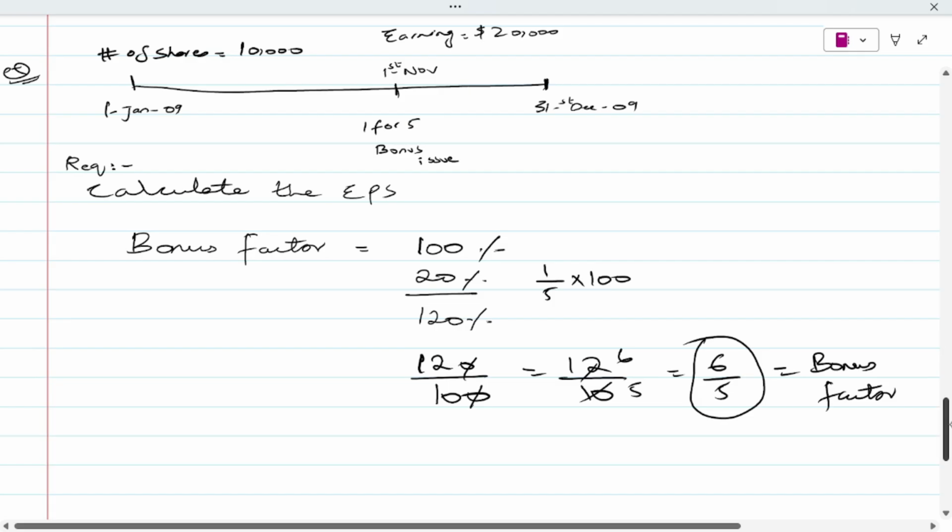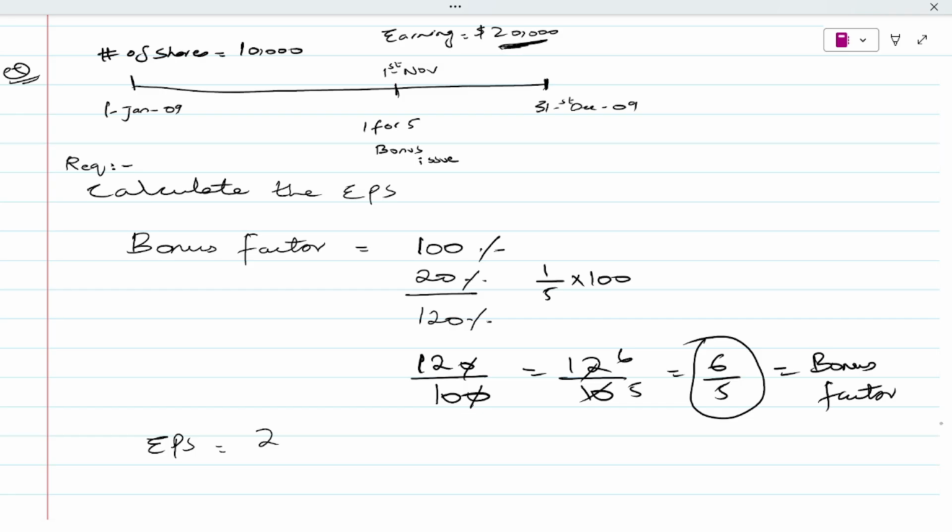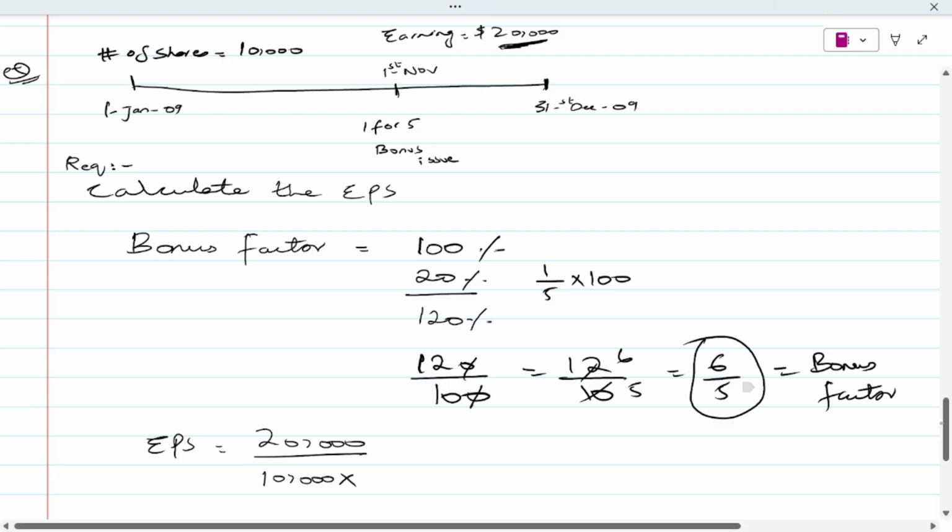So we have our bonus factor 6 over 5. Now what we are going to do is write that our EPS is equal to our earning, which is 20,000 for the entire year, divided by our number of shares. Now, listen very carefully: you are going to take the number of shares of 10,000, which were your number of shares at the beginning of the year, and multiply this number of shares with your bonus factor.